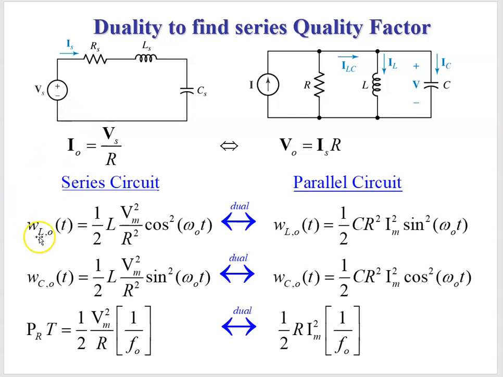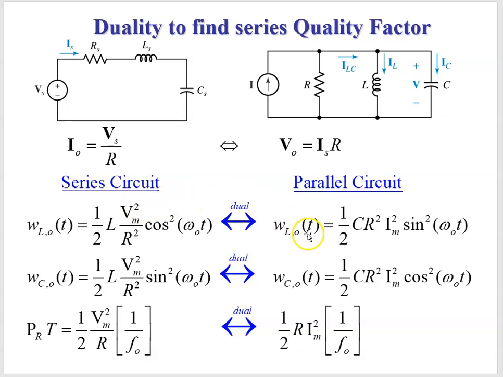If we take a further look and we try to analyze the quality factor, well, our quality factor, the definition of that was the sum of all of the energy stored in the circuit, divided by the power loss in the circuit, times the period of our periodic function that's driving our resonance.